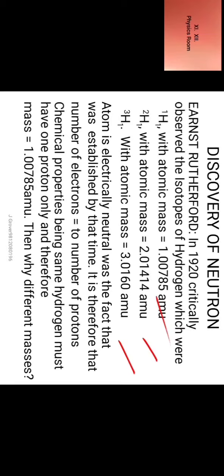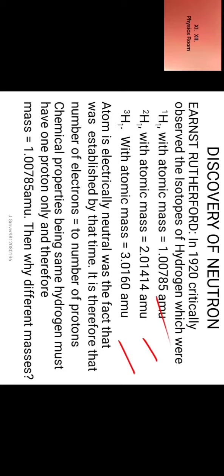He argued that atom is electrically neutral was the fact, and it was established by that time. It is therefore that number of electrons is equal to number of protons.